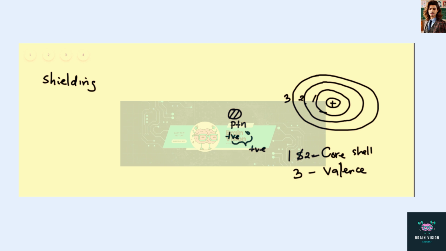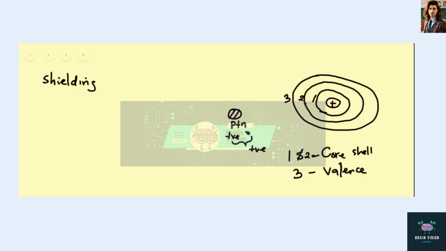And then the second shell and the first shell are shielding the electrons in the third shell from feeling the impact of the positive charge from the nucleus. So the core electron basically shields more.